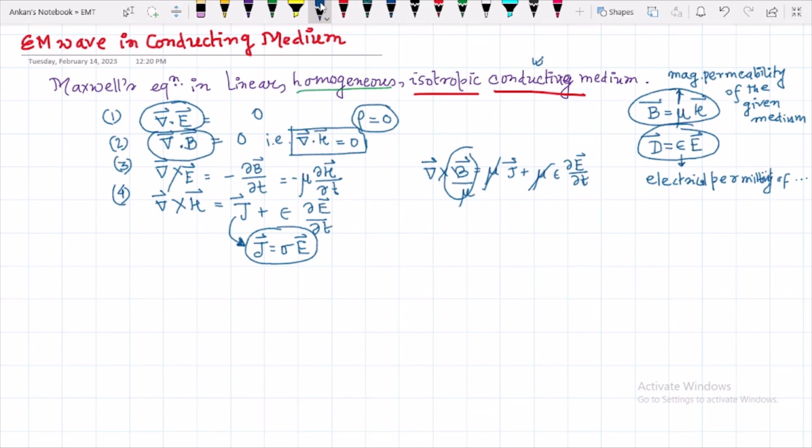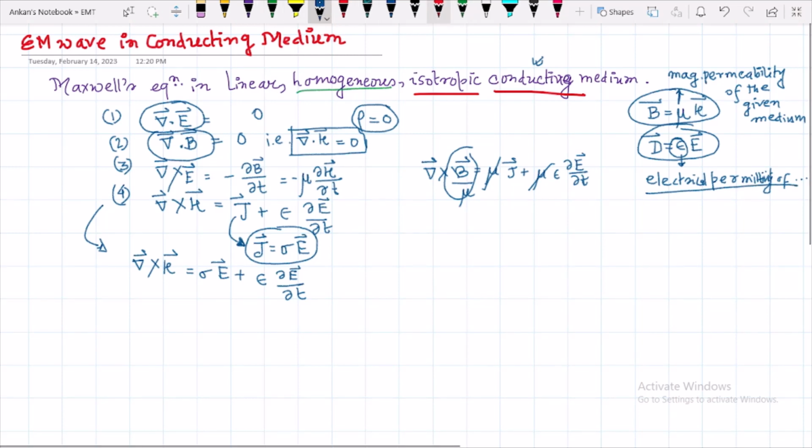Okay, so from this you can easily conclude that equation 4 should be modified to del cross H is equal to sigma E plus epsilon del E del T. What is epsilon? Permittivity, the electrical permittivity of the given medium.